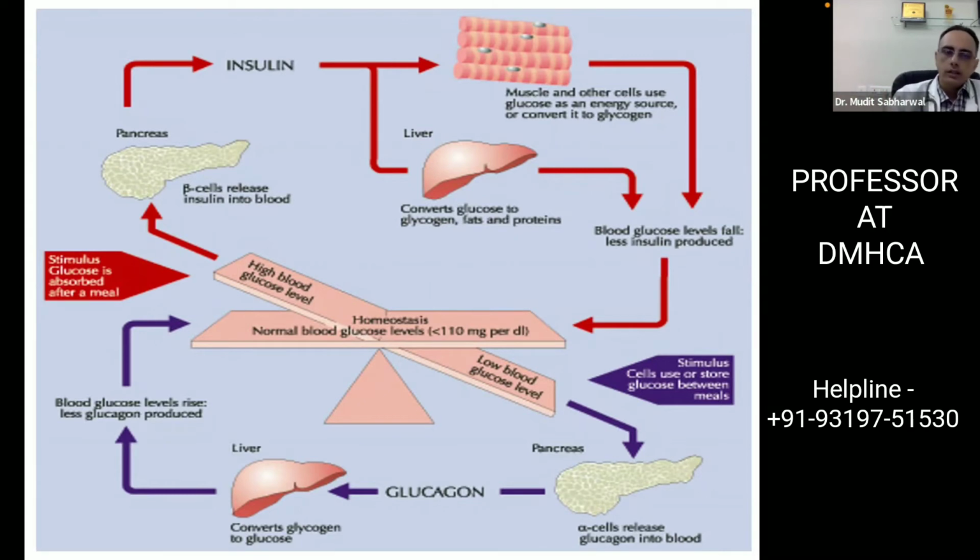Because the insulin levels are falling, the glucagon levels go high, and ultimately cause high blood glucose levels. So the normal blood glucose homeostasis ranges between high and low, which ultimately causes glycemic variability or blood glucose fluctuations. The more the fluctuations, the more the HbA1c. It's as simple as that.